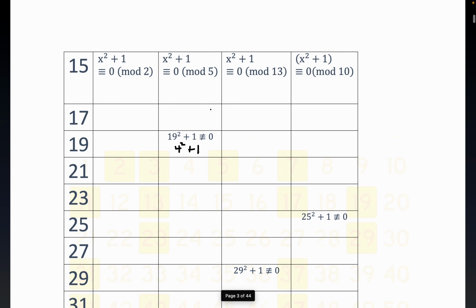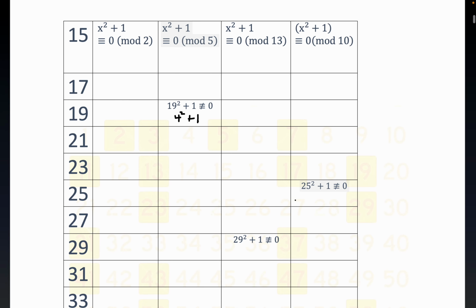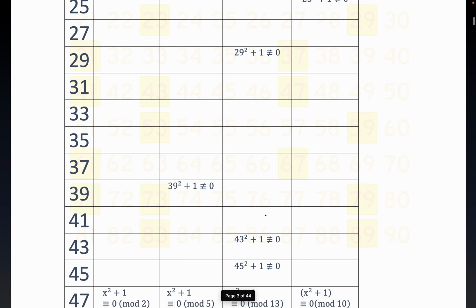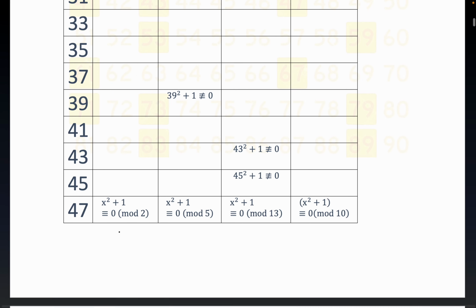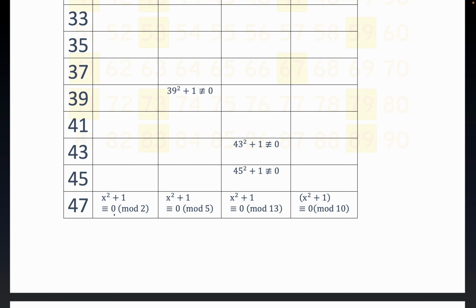I won't work anymore. You can check some of these if you want, but I had to go all the way down to 47 before I got a case that actually worked. Now notice, we'll go through each of these. 47 is the same as 1 mod 2, so you would get 1 plus 1, which is 2, so that checks.